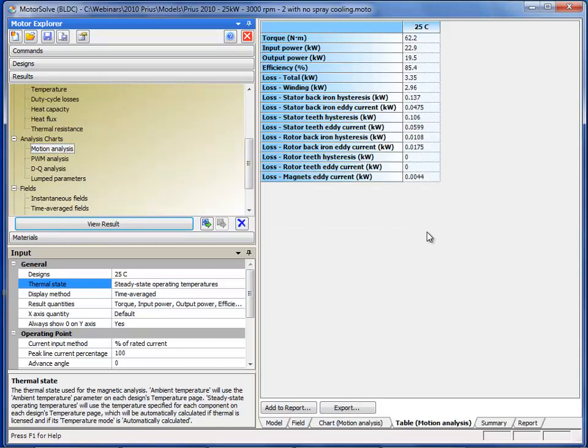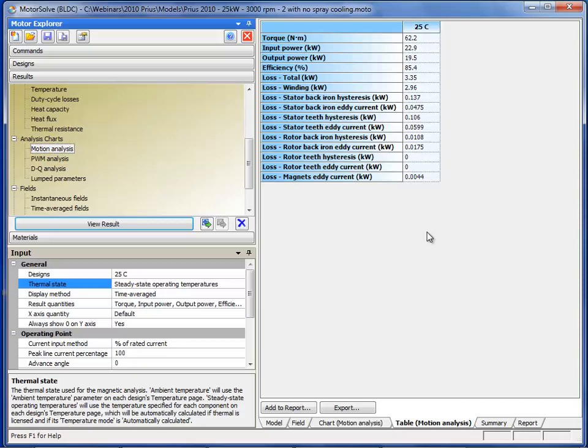The output power is substantially lower than any of the previous designs, as would be expected. It's only 19.5 kilowatts. Our efficiency has dropped to 85.4%, and the winding losses are up to almost 3 kilowatts.